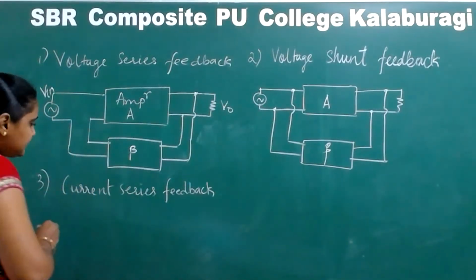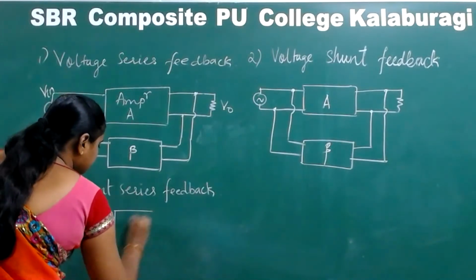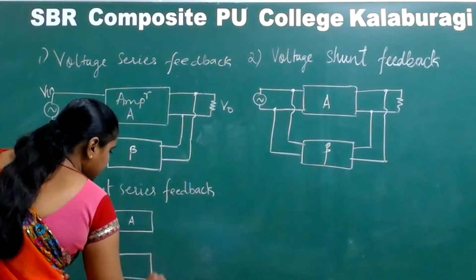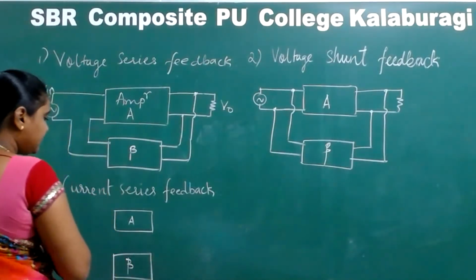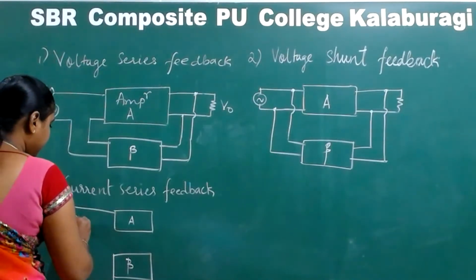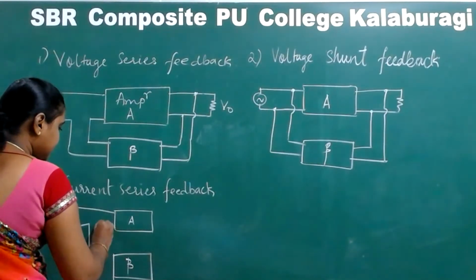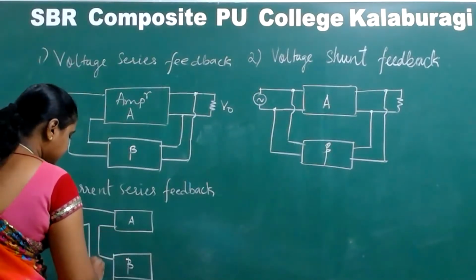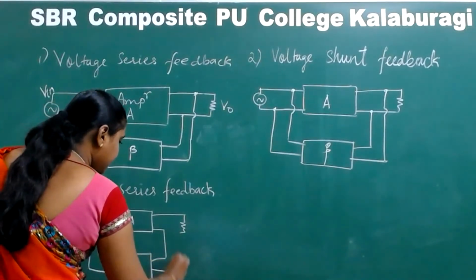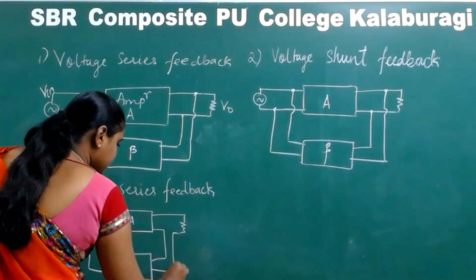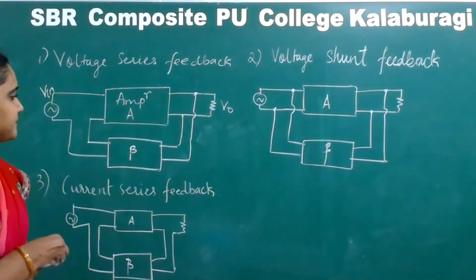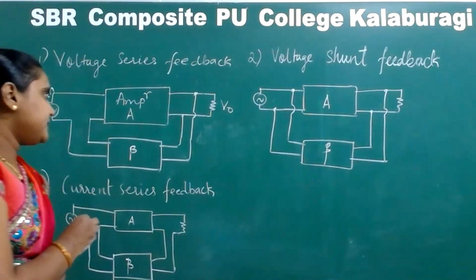That means the series connection. Amplifier with gain A and feedback network with feedback factor as beta. Input signal is taken in the form of series connection, and the feedback is also taken in the form of what? A series connection. So this type of block diagram is called what? It is called as a current series feedback.